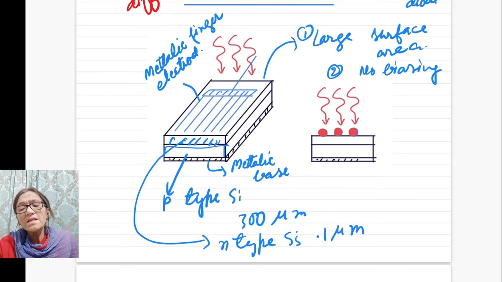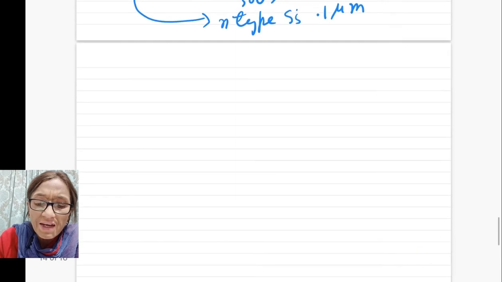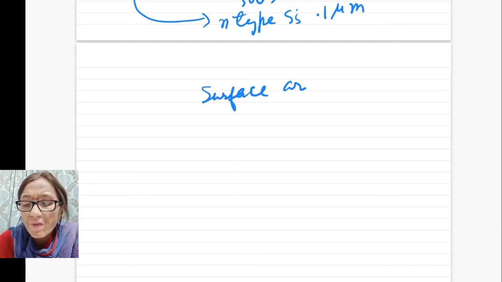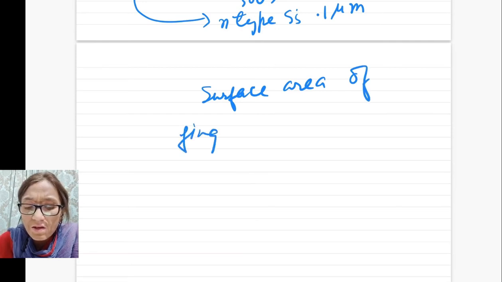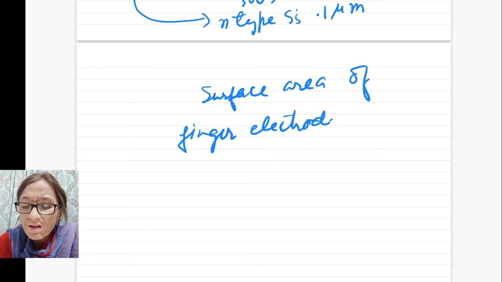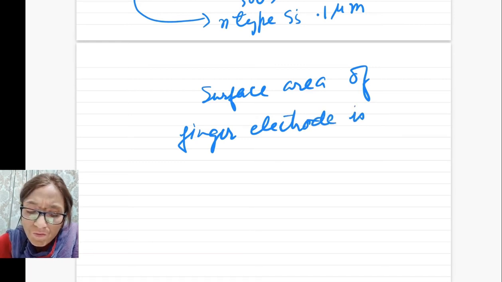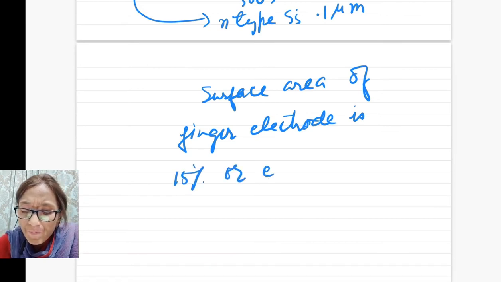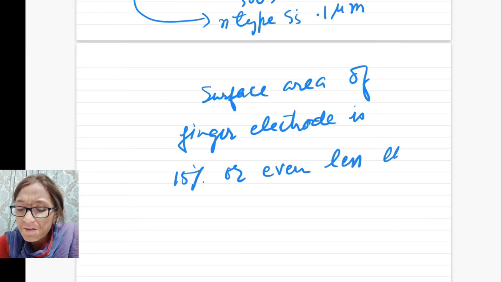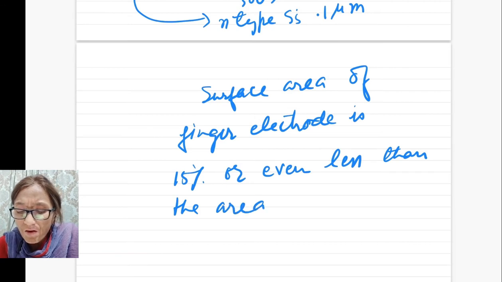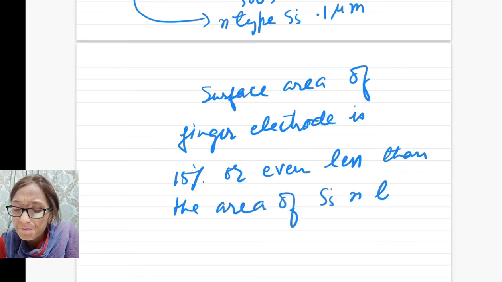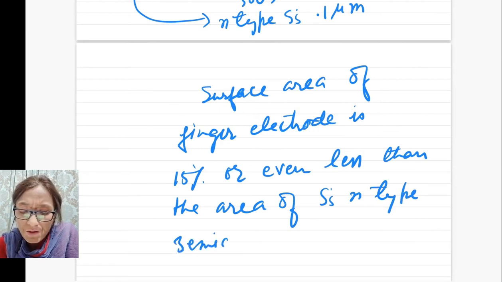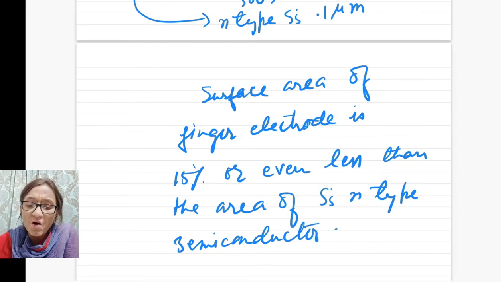Now, the surface area of these finger electrodes is only 15% or even less than the area of the N-type silicon semiconductor. So this is the construction of a solar cell.